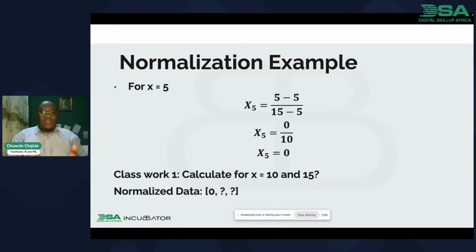From 10,000 to 15,000 and to 150,000 naira, it's a very long boundary. But when I use normalization it will break it down to 0, 0.5, 1. Nothing will be above 1, and nothing will fall below 0. So that is just it. But sir, the lower boundary is not supposed to be lower than 0.5.